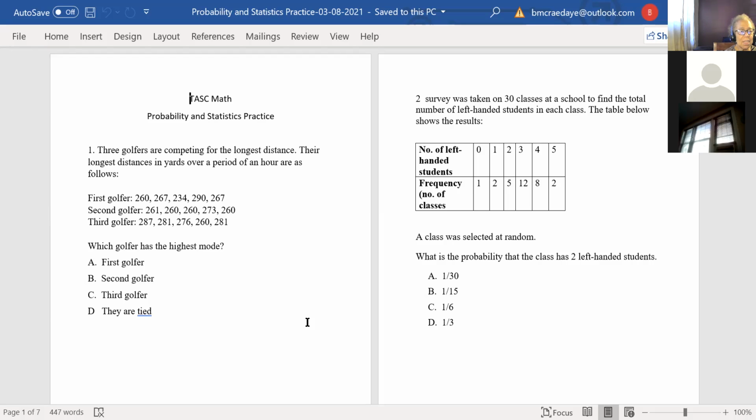The table below shows the results. So left-hand students is in the first row, right? Right here. Number of classes in the second row. What's the probability the class has 2 left-hand students?